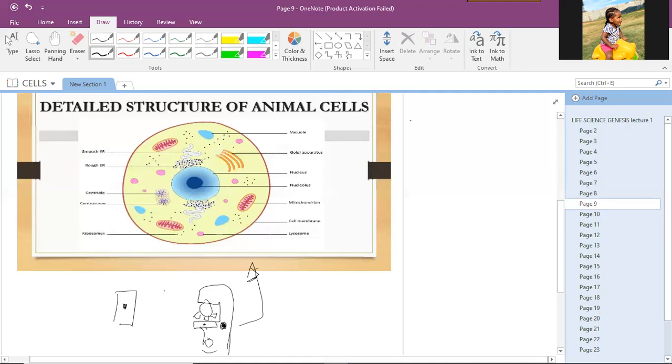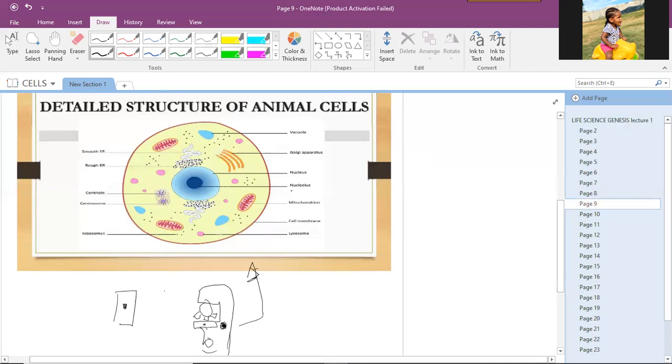There are other types of microscopes like scanning electron microscopes and transmission electron microscopes. Those are electron microscopes. But at our level, we just look at the compound microscope or the light microscope. We're going to see these same structures.